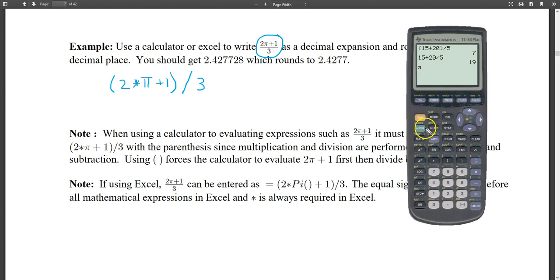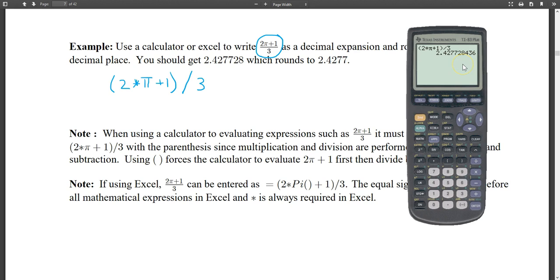So let's enter that into our TI-83 here. I have to clear that out first. 2 times pi plus 1, divide by 3, and then we hit enter. And there we go, that's our answer.